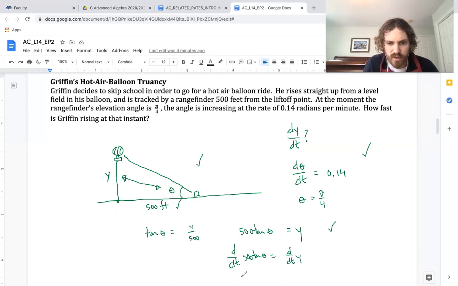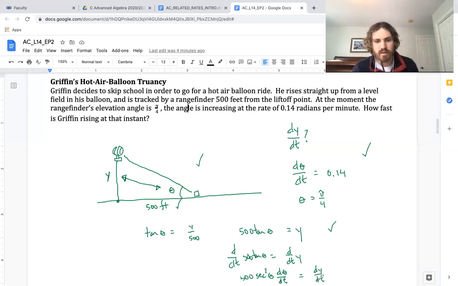So the derivative of this side would be 500 secant squared theta, but then we'll multiply by d theta dt because we are using the chain rule and we're taking the derivative with respect to time, not theta, and that should equal dy dt. Okay, so we want to know dy dt. We have d theta dt and theta, so at that point, we should be able to figure some things out.